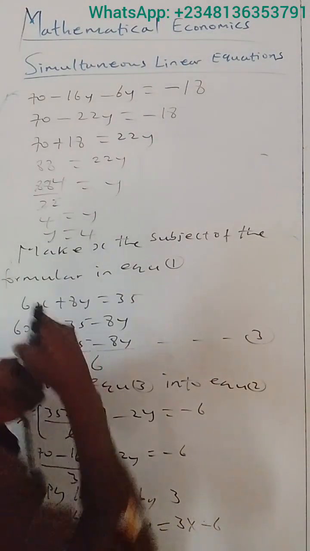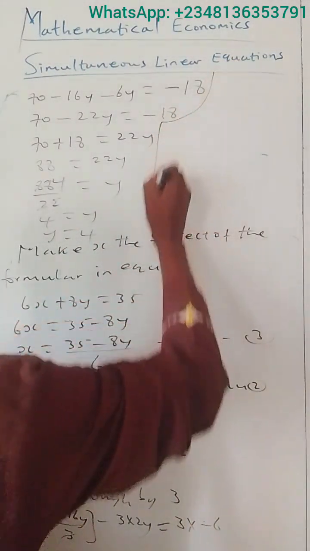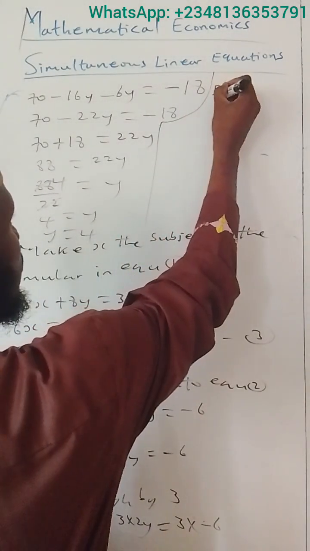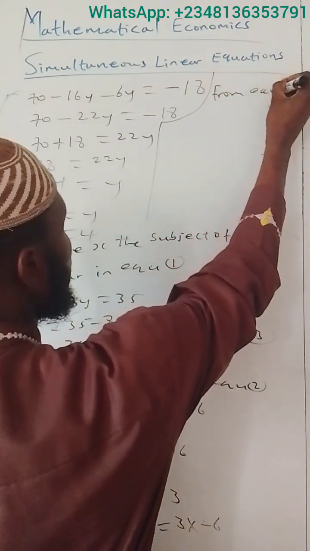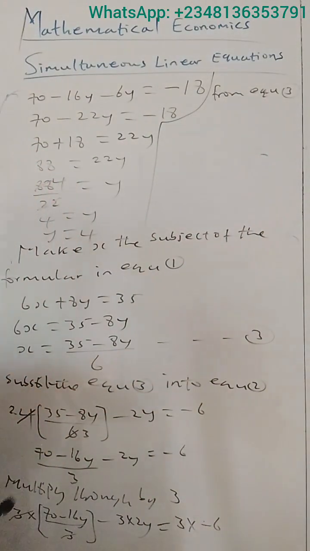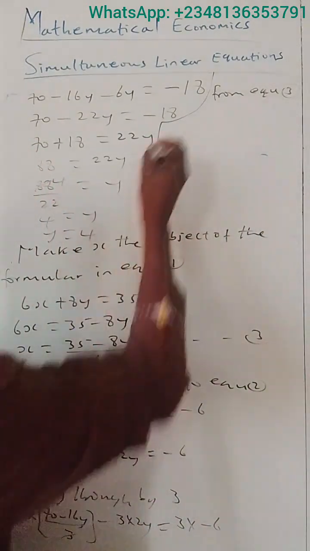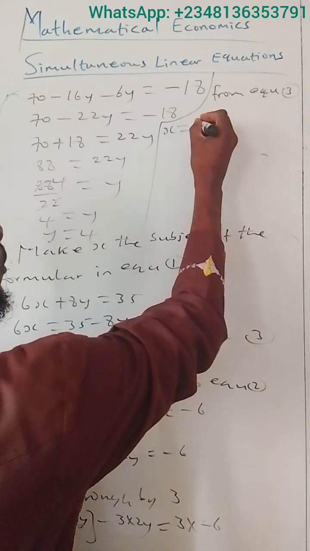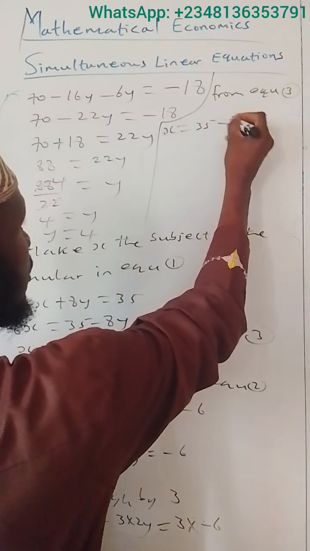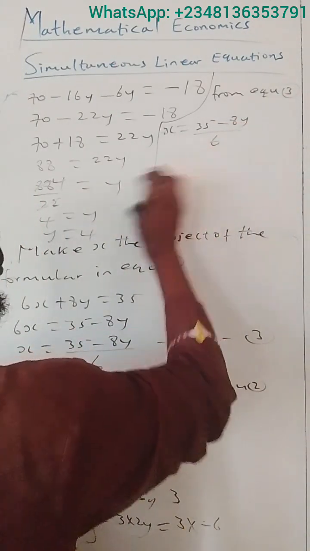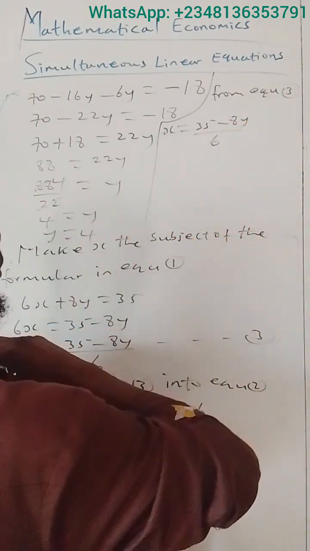The next thing is to get the value of x. It's very simple. From equation 3, here is equation 3, we say x is equal to 35 minus 8y over 6. So we are going to plug in the value for y there.